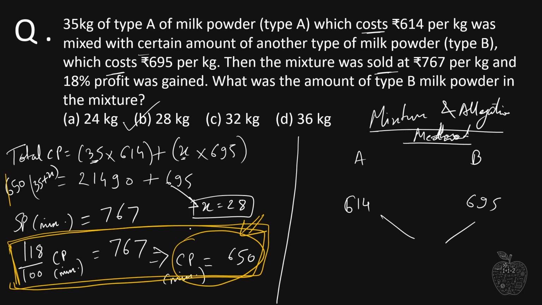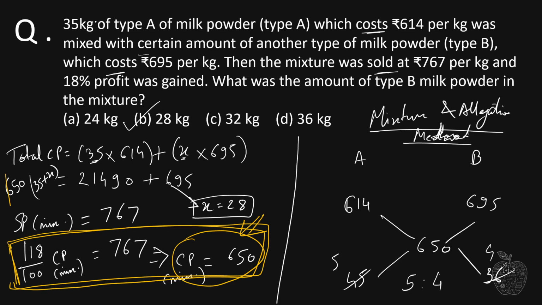All right, so here both are mixed and the price of the mixture becomes 650. Now we do alligation here. So 650 minus 614, we get how much? 36. And from here we get 45. So 9 5s are 45, 9 4s are 36. So the ratio in which A and B are mixed is 5:4.